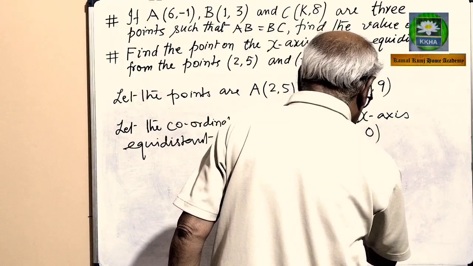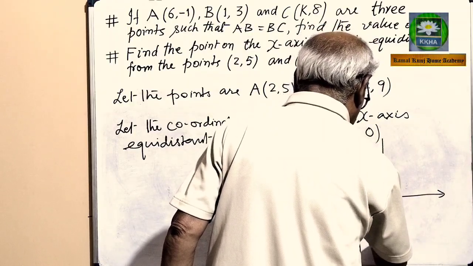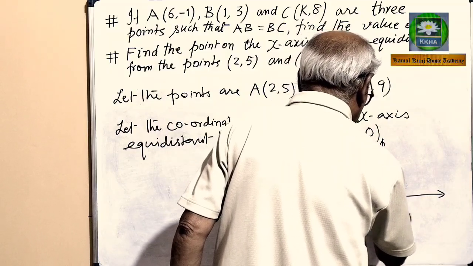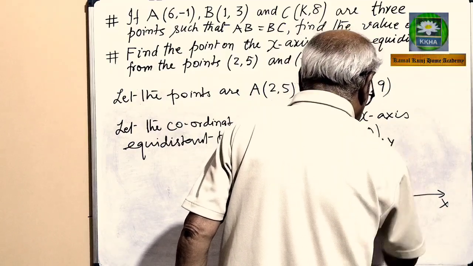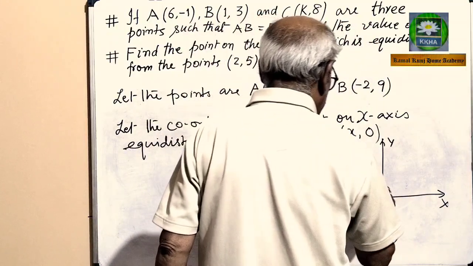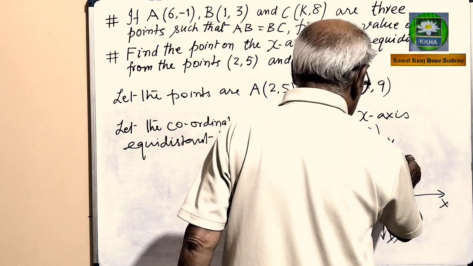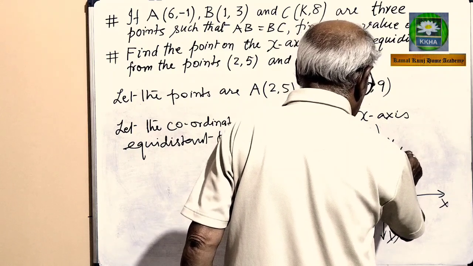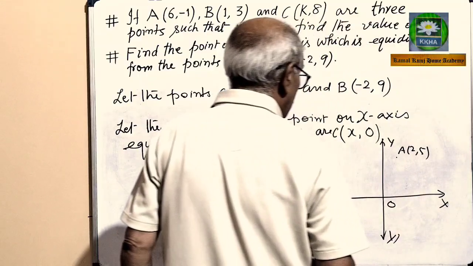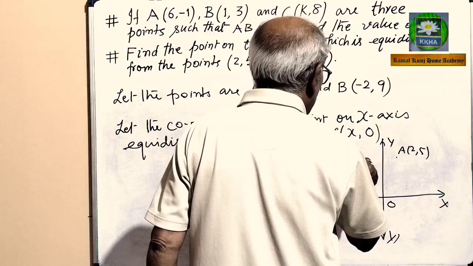So here, if you draw the coordinate axes, X'OX and Y'OY, the points are (2, 5), suppose it is here, and next (-2, 9).